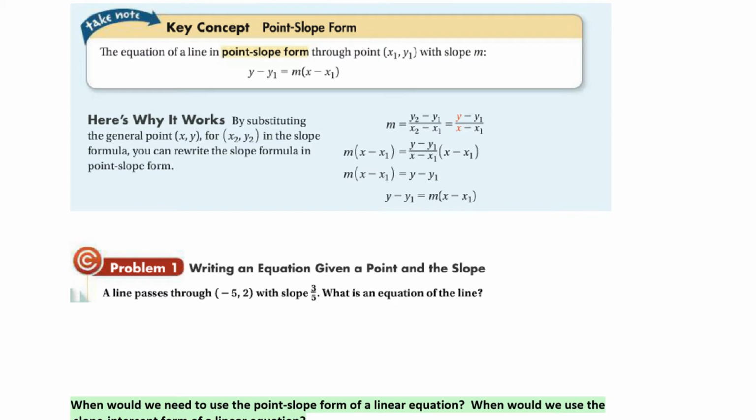The point slope form that we saw earlier when we answered our guiding question gives us an equation using a point and a slope. And our formula is y minus y sub 1 equals m times x minus x sub 1, where the x sub 1 and your y sub 1 come from our point.